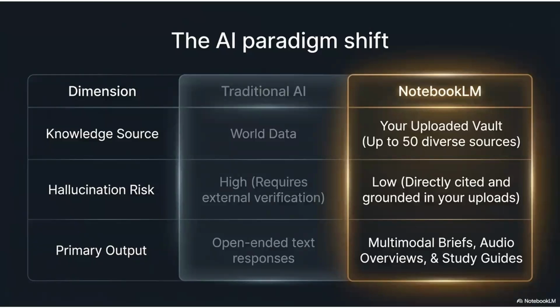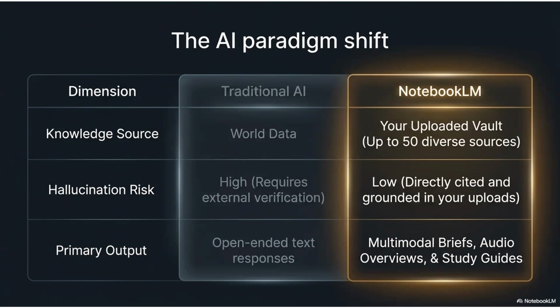Then the hallucination risk, as I explained before: when we are working with traditional AI tools, the hallucination risk is very, very high. While in Notebook LM, since the source material is provided by us, the output that we get is quite authentic.